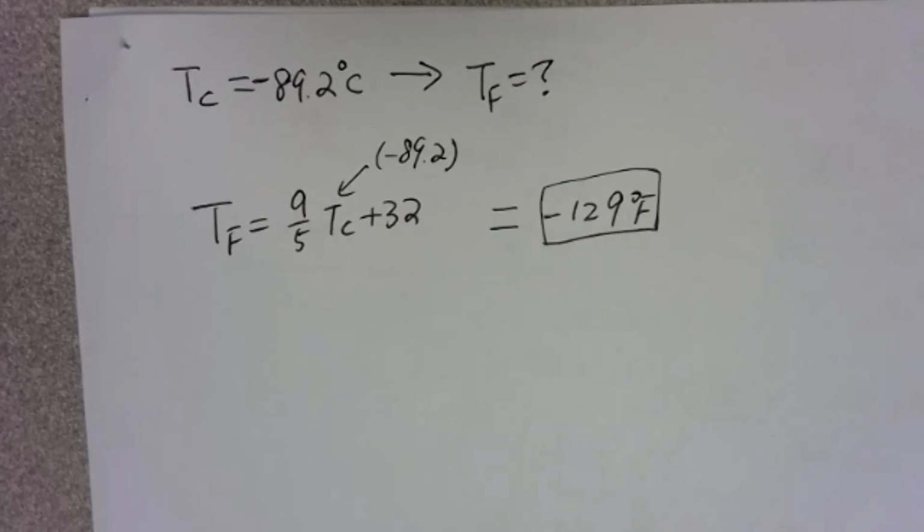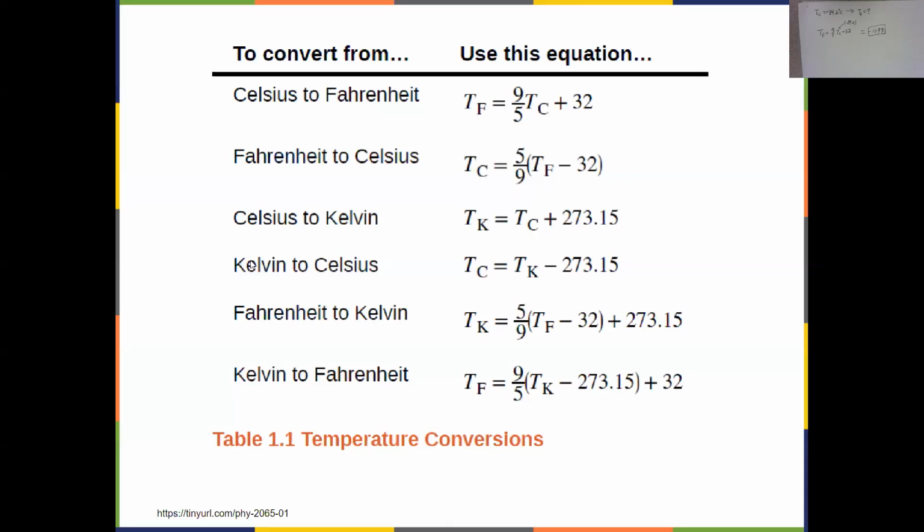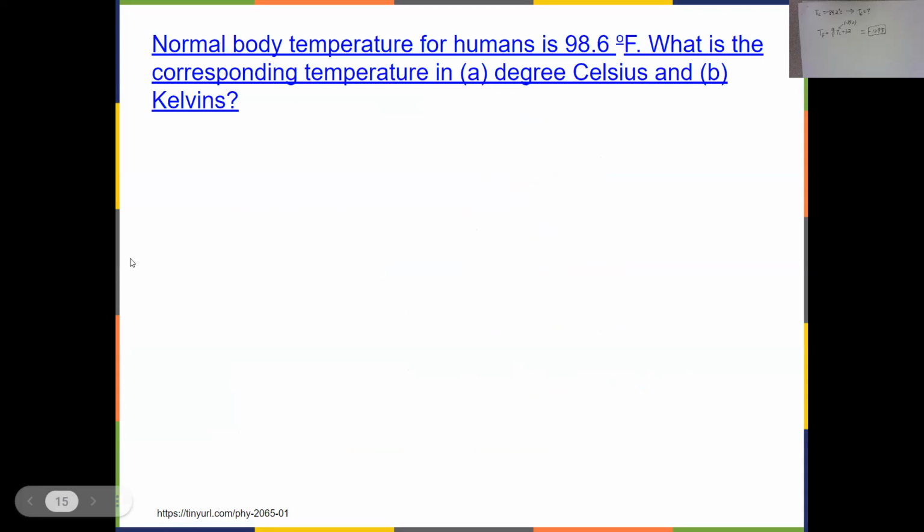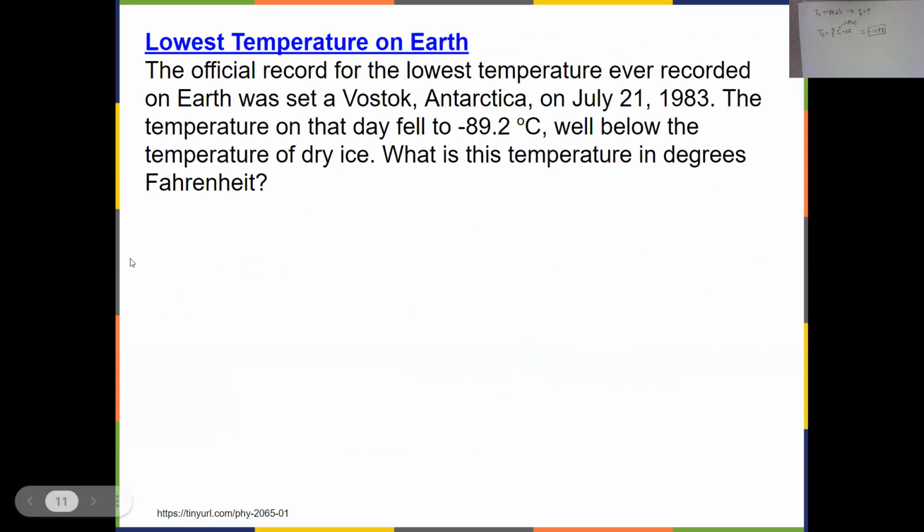So let's go back to the lecture slides. All right. So that was the lowest temperature on Earth ever recorded, minus 129 Fahrenheit.